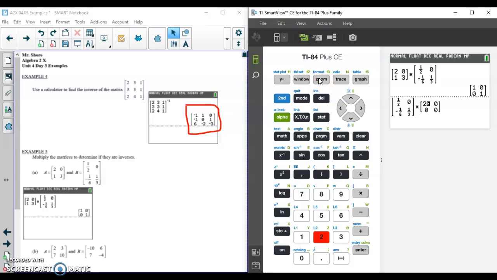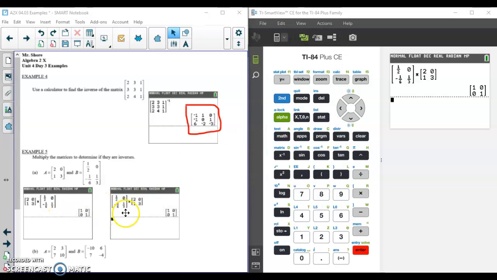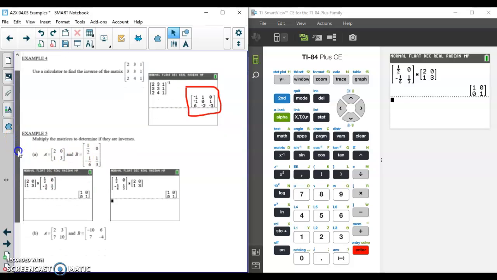So it's 2, 0, 1, 3. Hit enter with that one, and we see with that one I also get the identity matrix. And because I got the identity matrix when I multiplied them both ways, A times B and B times A, these first two are inverses.